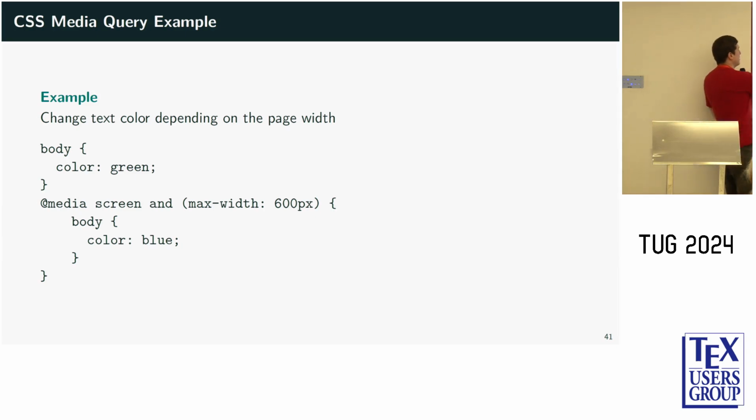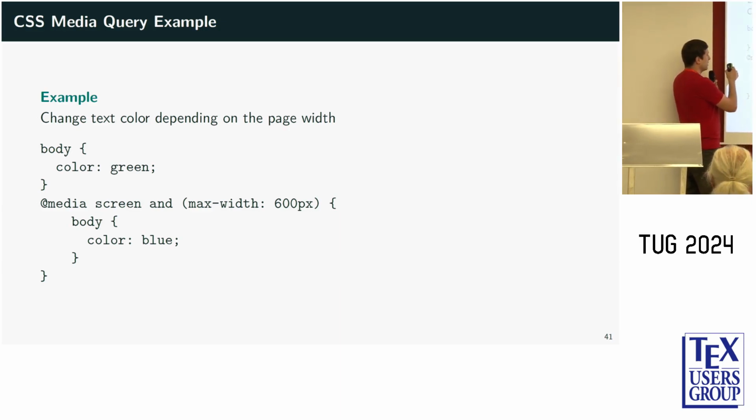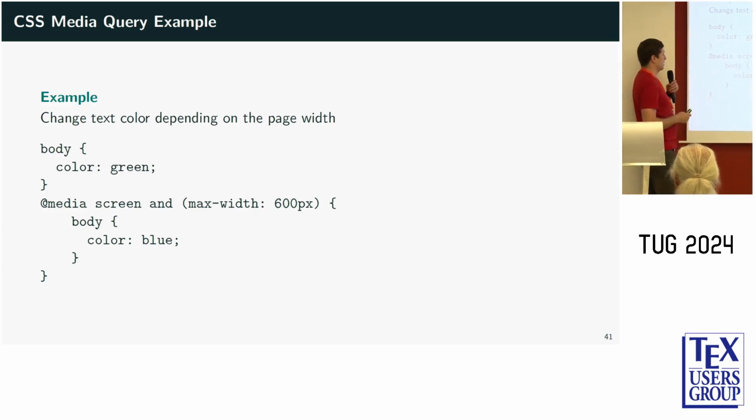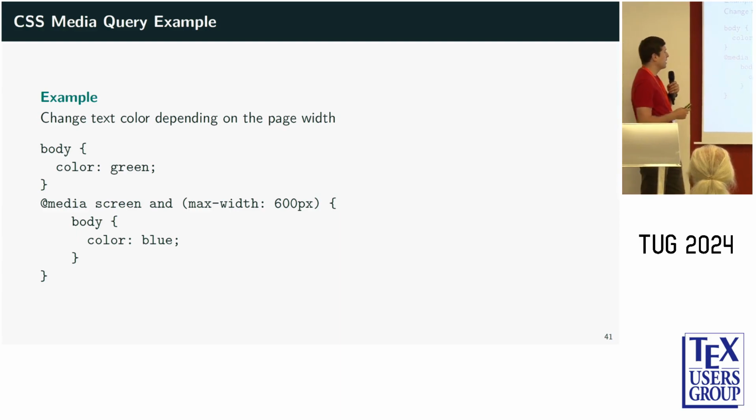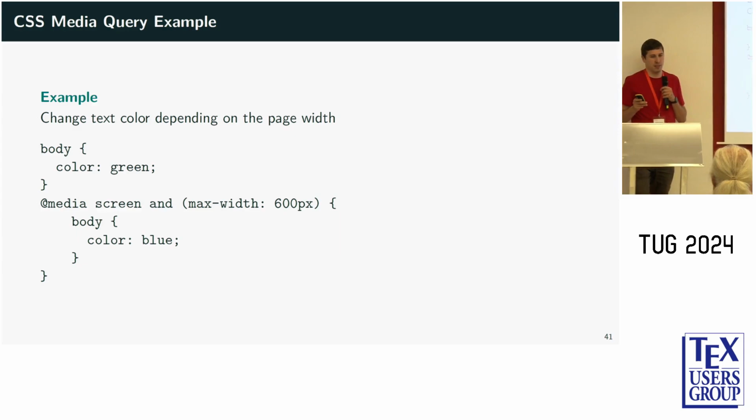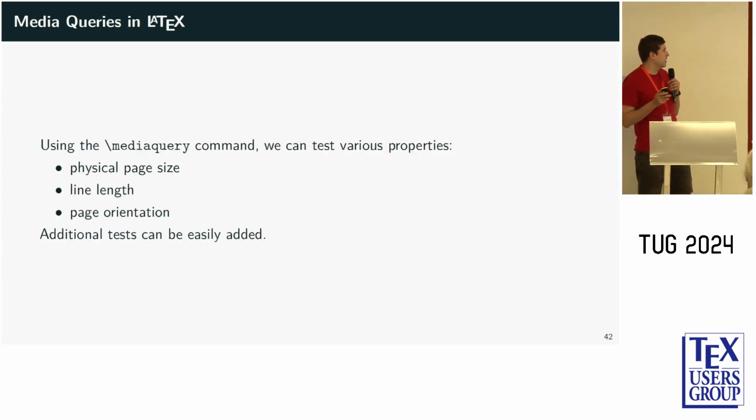And here is the media query example. In this example, there will be different text colors. So by default, it will be green. But if you are on a screen and it is smaller than 600 pixels, the color will be blue. This is in cascading style sheets, and I created a media query command that works in the same way in LaTeX.